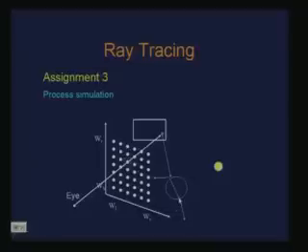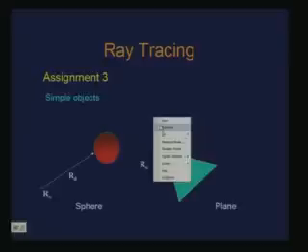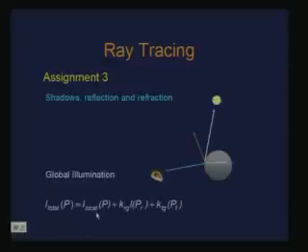So, whatever the hit points with respect to the secondary rays, we compute the illumination, right, and do the attenuation using the reflective coefficient and the transmitted coefficient, right. So, what I am referring to is this: there is a local illumination computation which is directly from the light sources you have, plus these are the accumulated terms with respect to the secondary rays, the reflected ray and the transmitted ray.